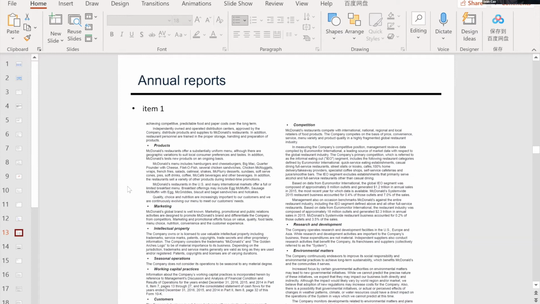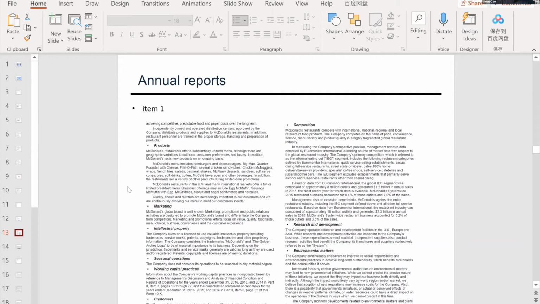Yeah, and then they talk about the products, and the restaurants in the U.S. and many international markets offering a full or limited menu of sandwiches and biscuits, eggs and so on.